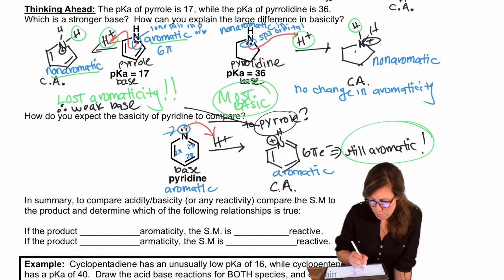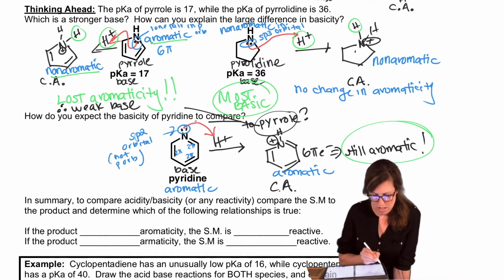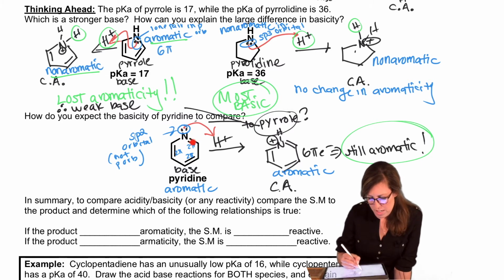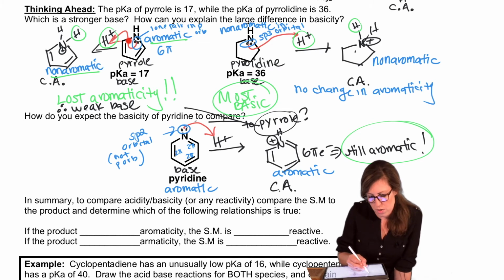Therefore, that lone pair is actually in an sp2 orbital, not p orbital. That's why you don't disrupt any sort of aromaticity, because you're not taking it out of the pi system. The lone pair is not part of the pi system. So see that difference? When that nitrogen has a double bond to it, that changes its lone pair's role, right? There's no double bond to that nitrogen. So that lone pair has to provide the pi system by occupying a p orbital.